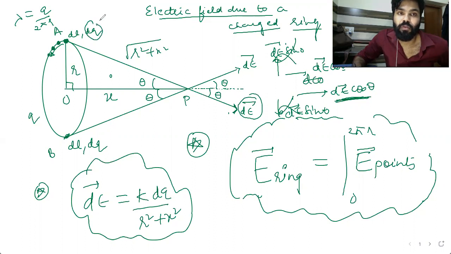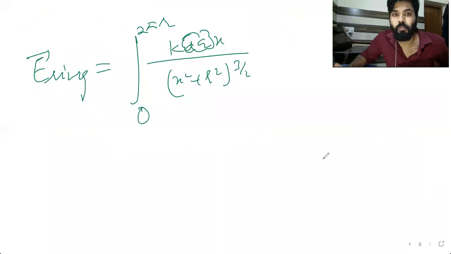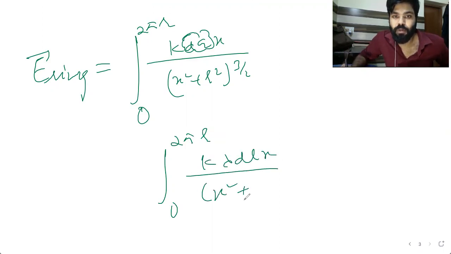So the value of dq is lambda times dl. Put this value in the expression: k times lambda dl times x over x square plus r square whole raised to 3 by 2.